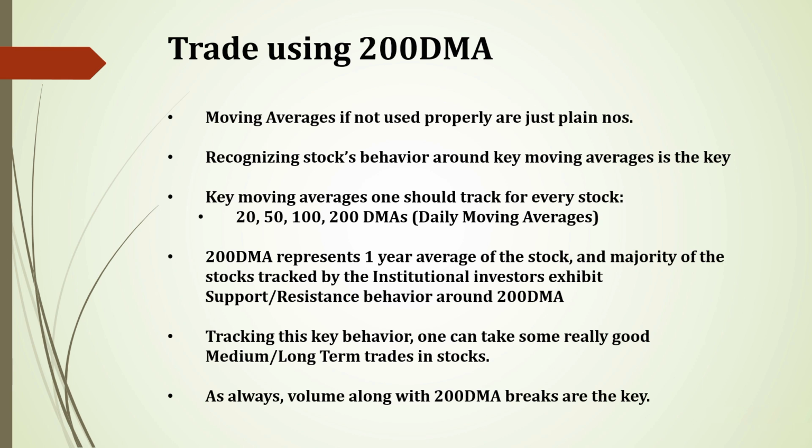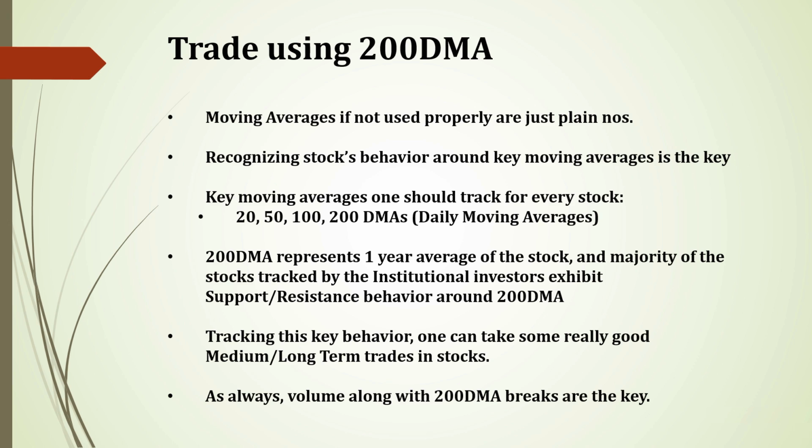Moving averages, as I said, many of you would have heard of it already. I don't want to define moving averages for this audience because I know they know what it is, right? But if they are not used properly, they're just plain numbers.